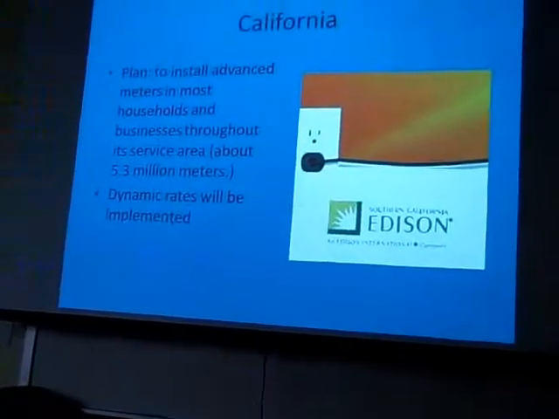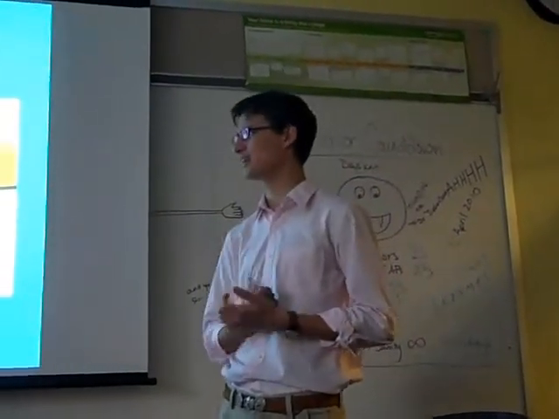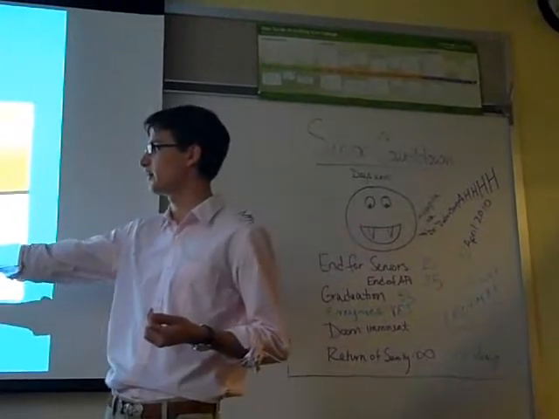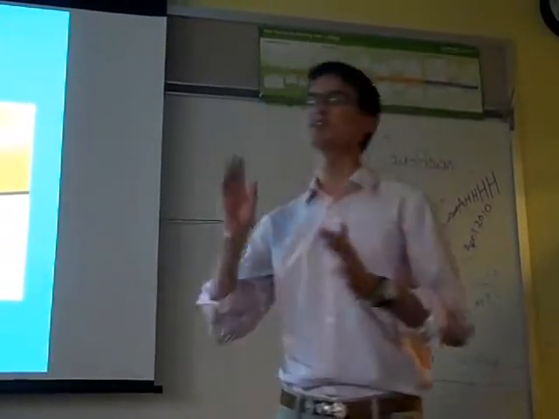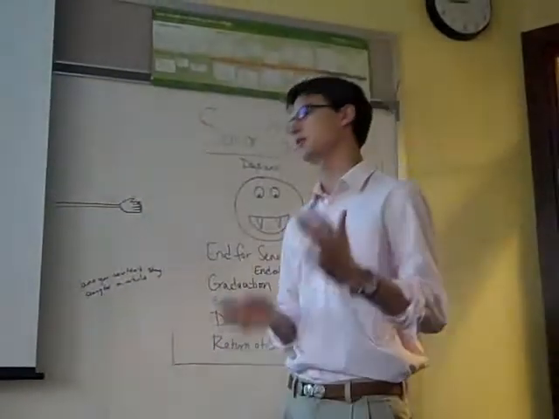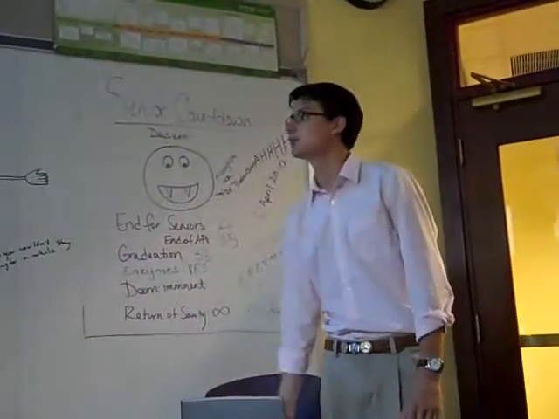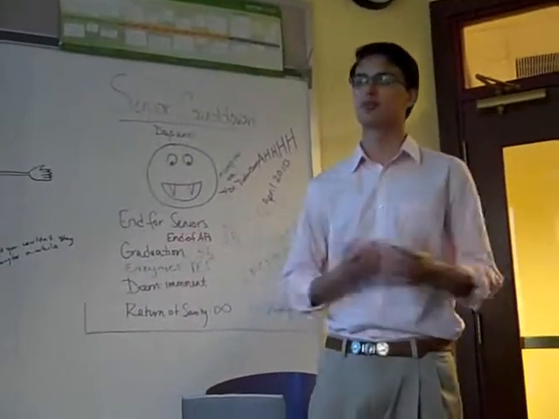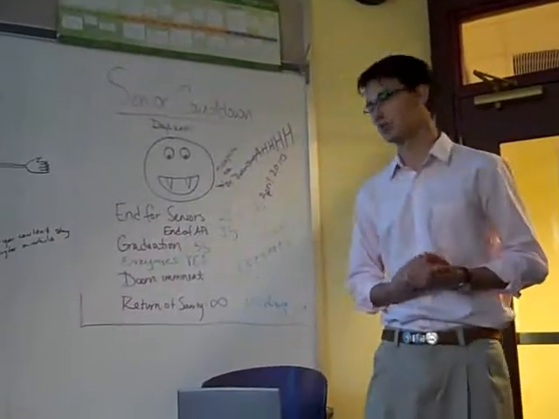Southern California Edison is installing 5.3 million meters in the Los Angeles area, and dynamic rates will be implemented. I'm not sure if it's hourly, but it's going to change throughout the day, creating incentives for people to change their habits. Okay, so we're a nation with a lot of resources, and we need to take more advantage of that.